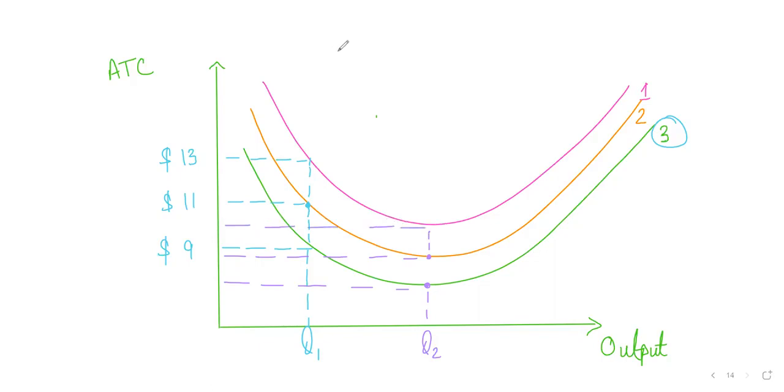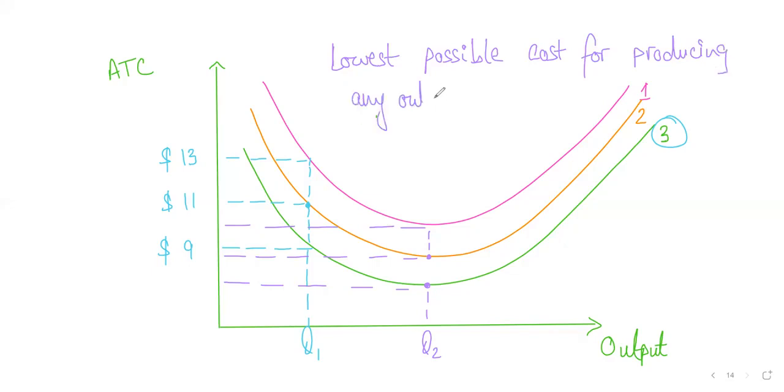The lowest possible, let me write this down: lowest possible cost for producing any output level will be at ATC 3.